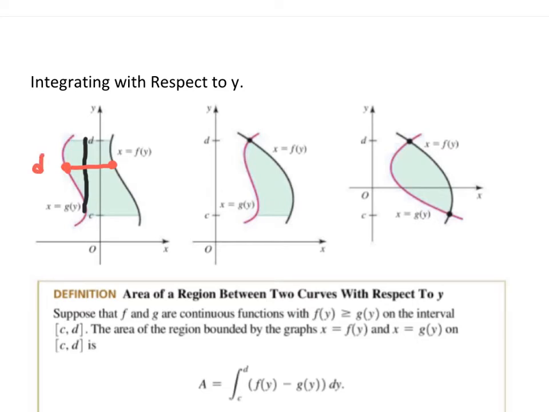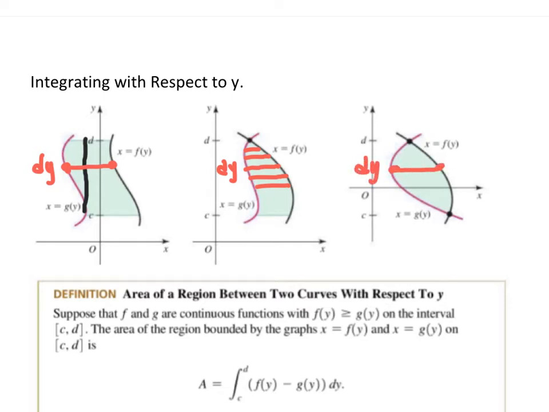So I would call this dy. The same thing applies over here. I can draw a horizontal slice at any point from one function to the next, going horizontally, and in each of those, the thickness is dy. And the same thing over here.